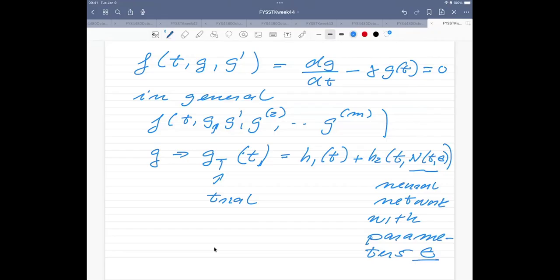And this function which we have here is a function where we are going to set in the boundary conditions and the initial conditions. So this could contain boundary plus initial conditions.